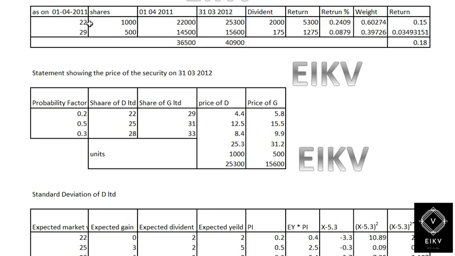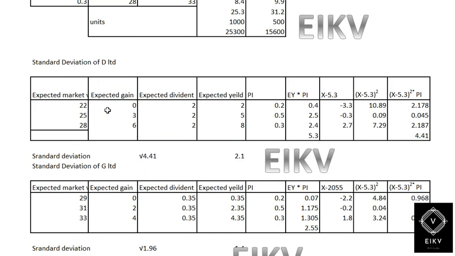So over here we have 22, and for G Limited it would be 29. So 22 minus 22 will give you 0, and 25 minus 22 will give you 3, and 28 minus 22 will give you 6. Then we have the respective dividend.